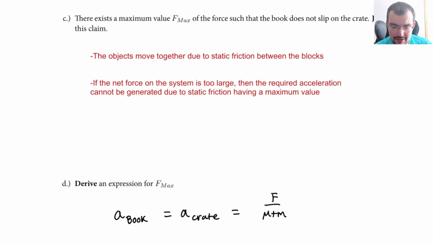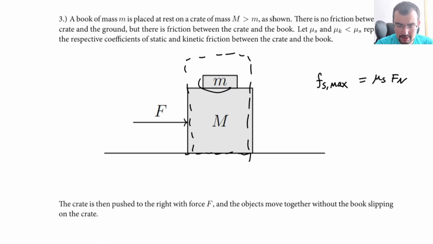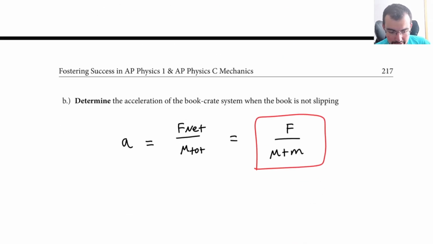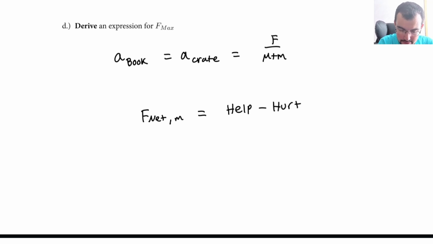Given that the limiting factor here is going to be the book slipping, because that is the thing being accelerated by static friction, we could look at a Newton's second law equation for the book. So F net on the book is equal to its mass times its acceleration. Sorry, we should do help minus hurt. I usually like help minus hurt on this side.